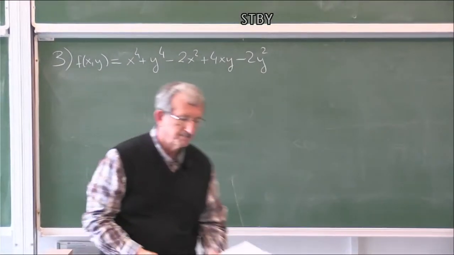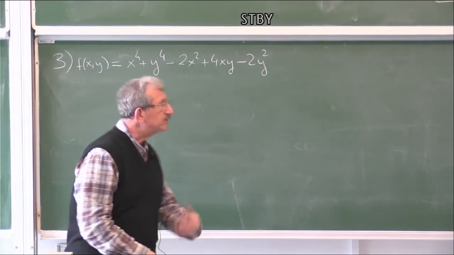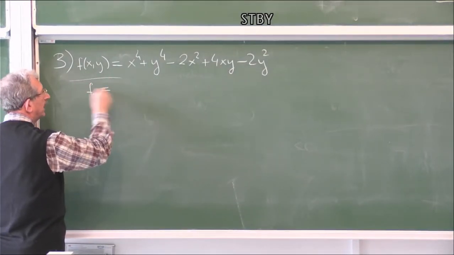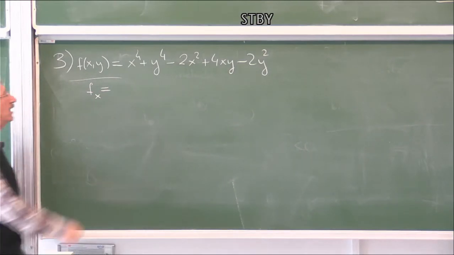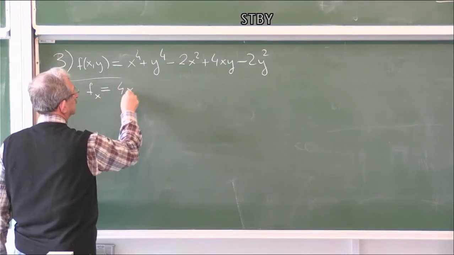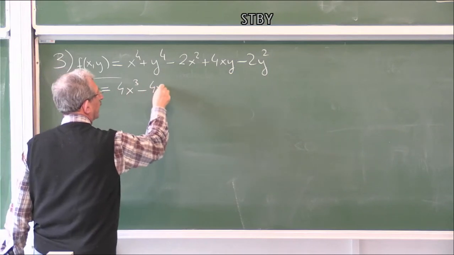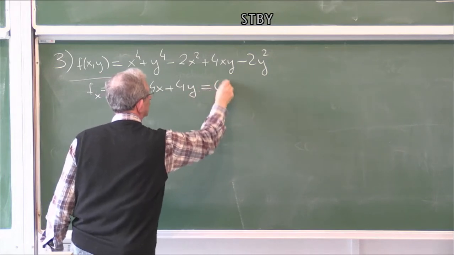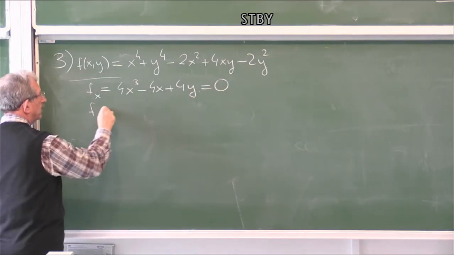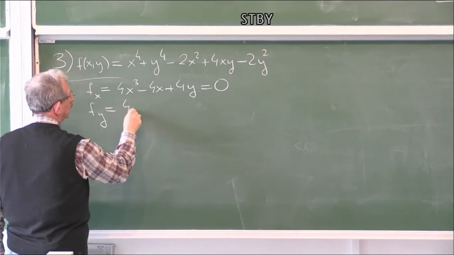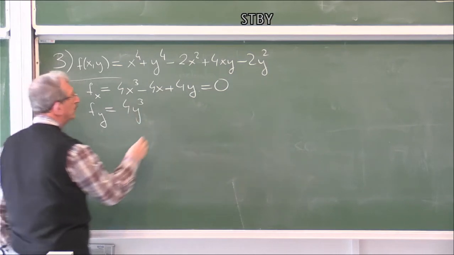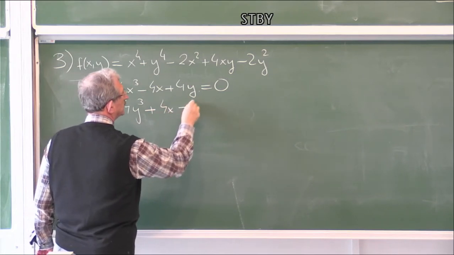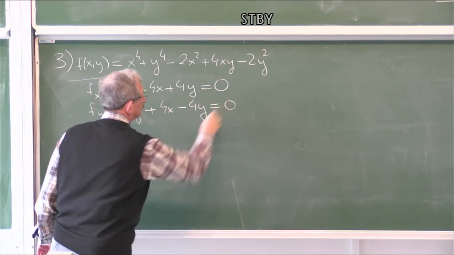Now the derivatives, to find critical points, we have to calculate and solve the equations. f sub x would be 4x cubed minus 4x plus 4y. That should be 0. f sub y, to get a critical point, would give us 4y cubed plus 4x minus 4y, and that should be 0 again.